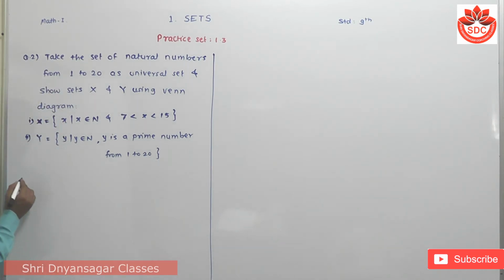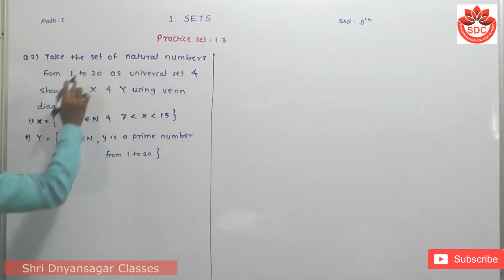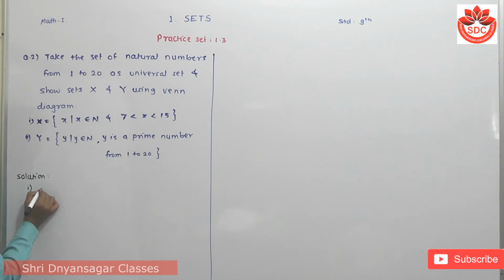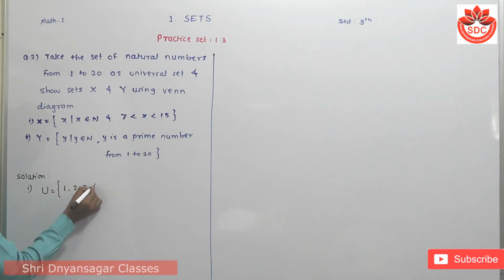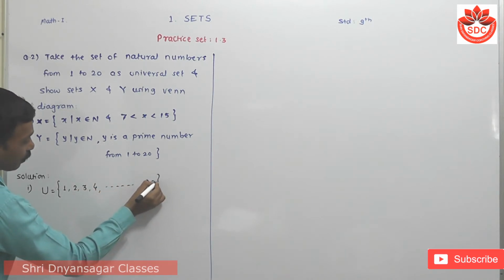Now for this, its solution is: first, x is the set of this number. For this, I have to write the universal set first. The universal set is 1 to 20, so U is the universal set from 1 to 20, meaning 1, 2, 3, 4, dash, dash, dash, up to how much? 20.